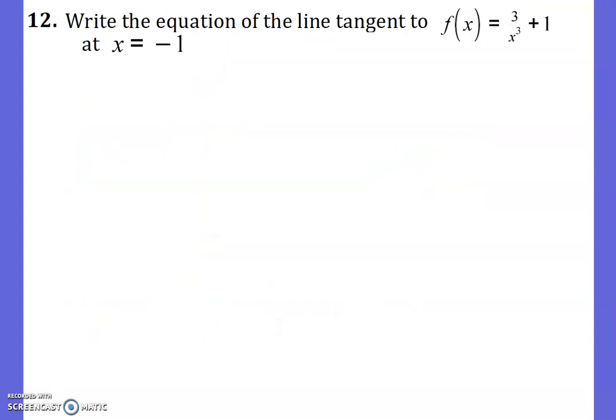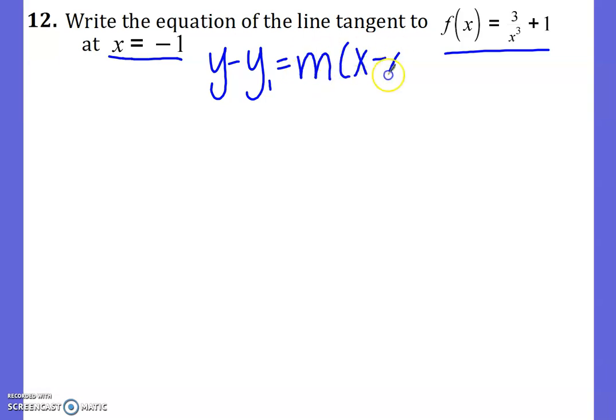Okay, now we're going to write the equation of the tangent line to this function at x equals negative 1. To write the equation of the tangent line, we're going to put it in point-slope form. So I need my point and I need the slope. I know the x value of my point, but I need to find the y value.